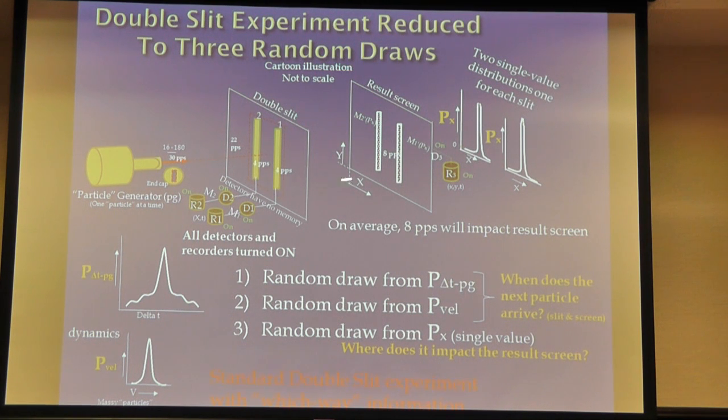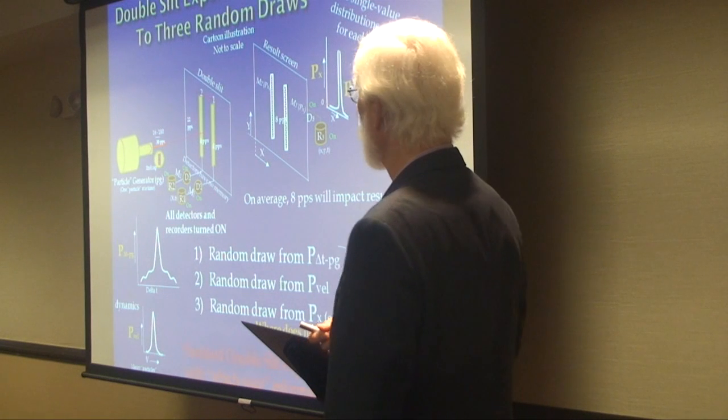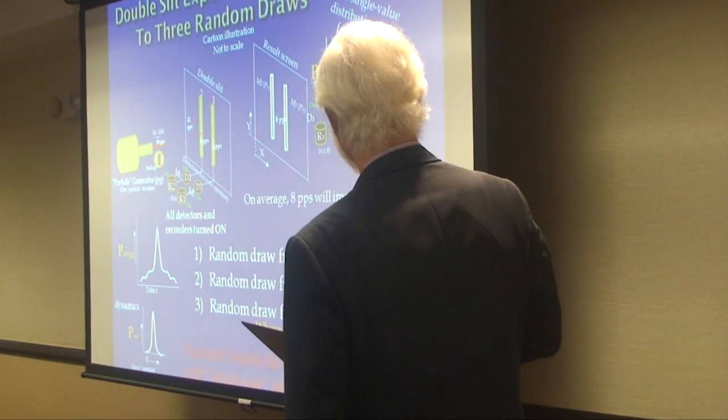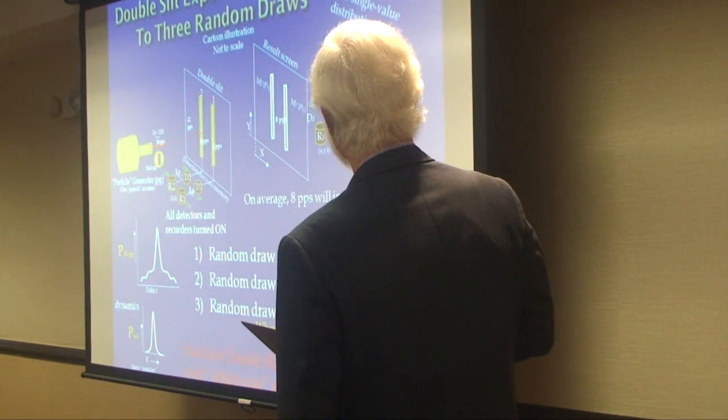That detector will tell us it's going to have to go through this slit, and it'll get there at a certain time. And then sure enough, we get a point at that time over here in the slit. And because we detected it here, it has to go here. You have a single value. The only place that it can hit on the screen in the X direction is right there. That's the only one it's got. Okay, so that's how that works. Next slide.